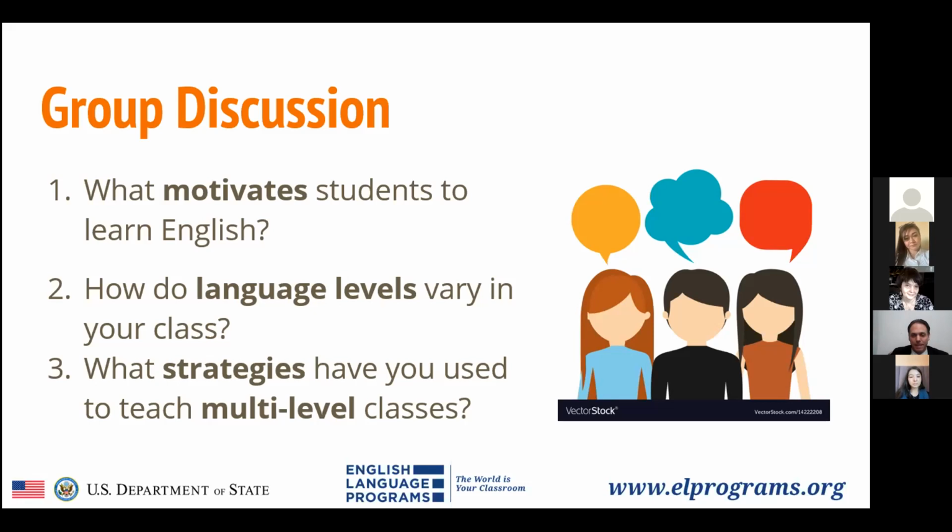Okay, hands down. Raise your hand if you have a mix of all three levels in your class. So if you have a mix of beginning level, intermediate, and advanced, raise your hand. Almost always I have that in my classes, almost always. I have a student that can quote Shakespeare with me, and then I have a student that knows how to say their name and write their name in English, and that's about it.